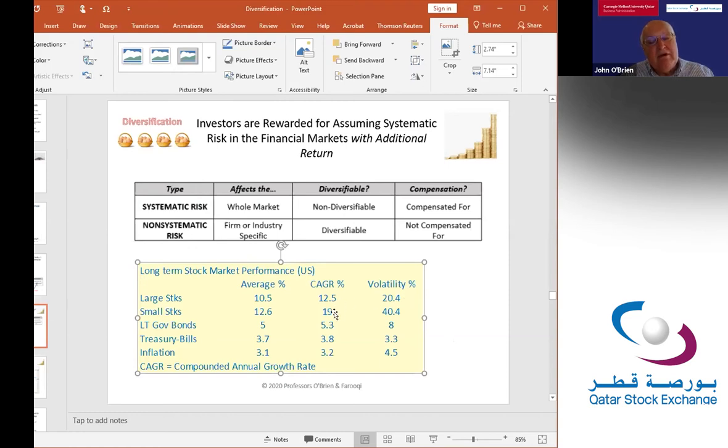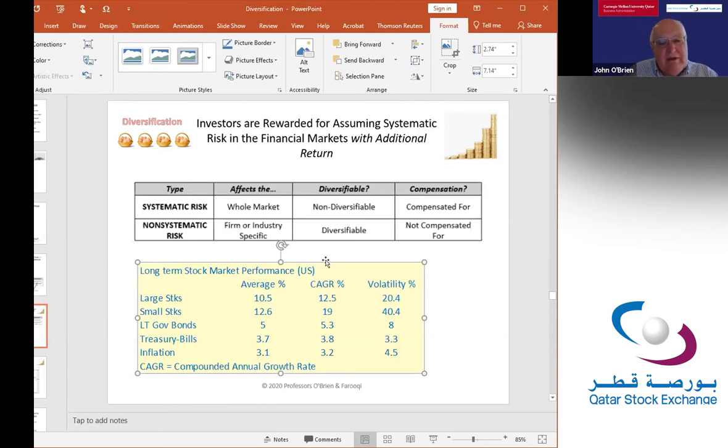So the rule in the marketplace, on average, over the long run, is a positive relationship between risk and return. And that's consistent with a risk-averse average investor in the marketplace. So the risk-averse investor has to be rewarded for assuming risk. And this is a reasonably straight line, actually, between risk and return in this marketplace.